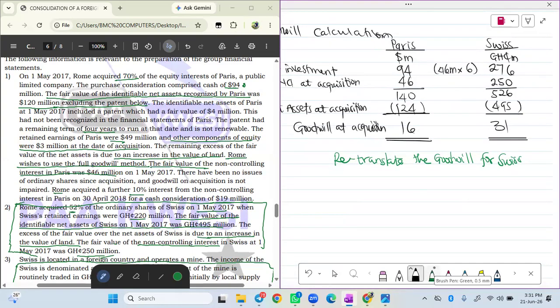So create the 3 columns: currency, exchange rate, then dollars. We don't have opening goodwill. So acquisition goodwill in Swiss currency was 31.